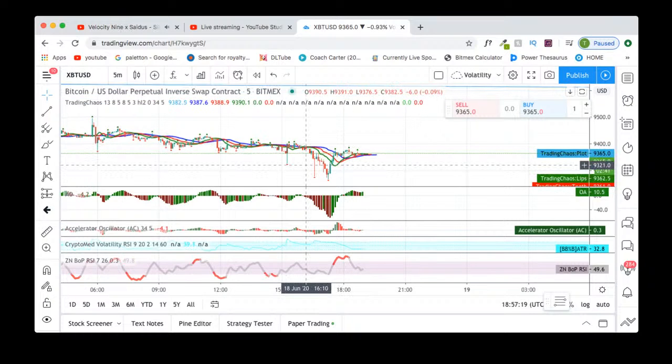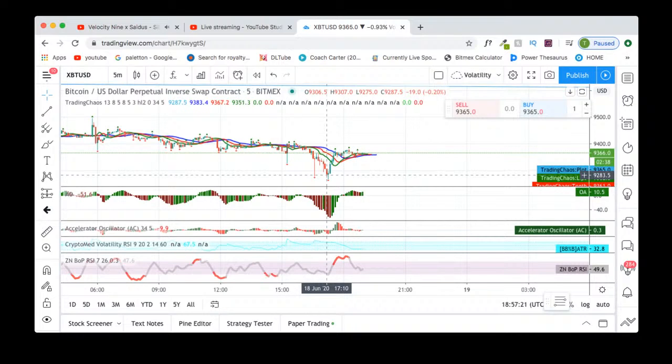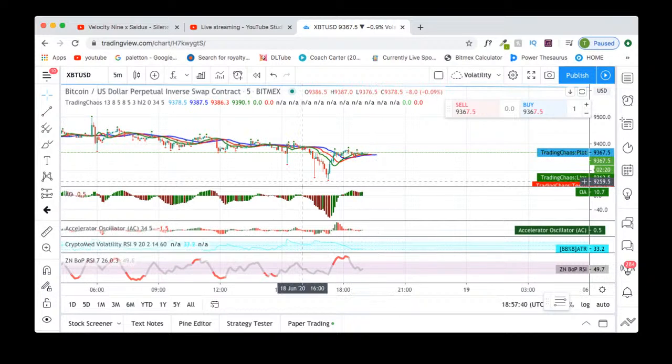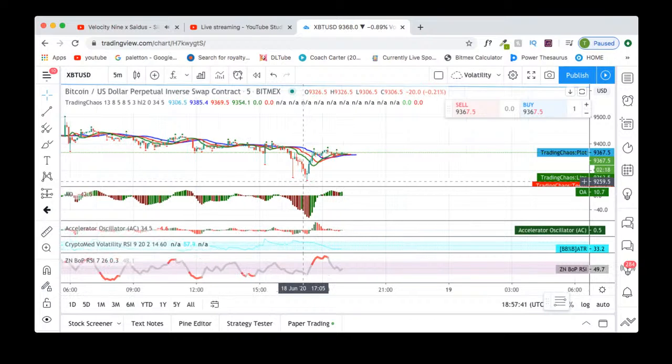We just had this big move down. Looks like a wave 3 down for correction. And it should start going down again. But we have to wait to find out if that's true or not.